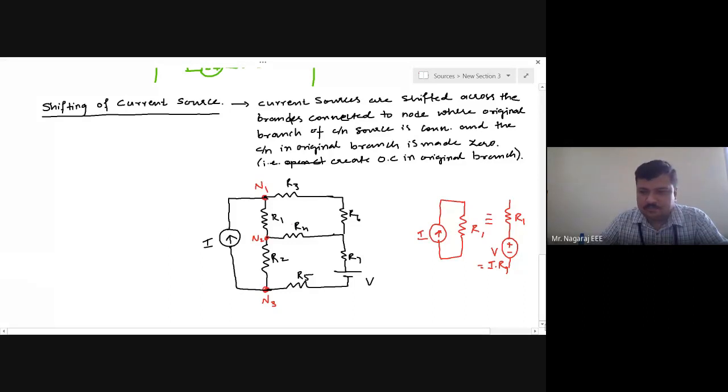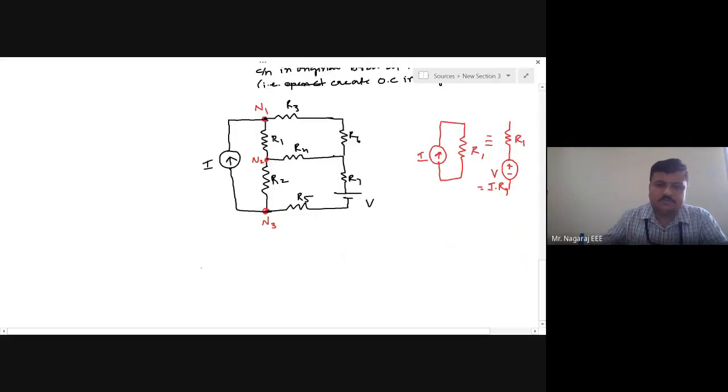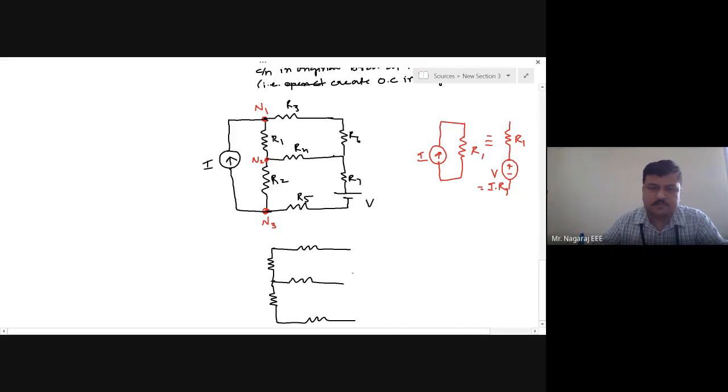How I have to do that? This part I will not draw: R6, R7, V and all. This is R4.